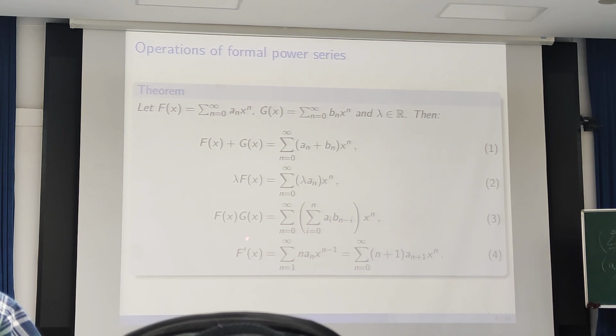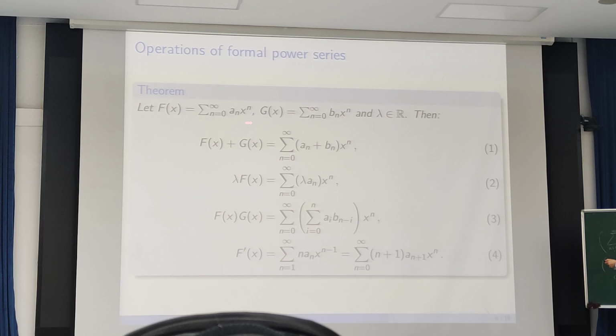Okay. So if f is the generating function for the sequence an here, then we can take the derivative of f, okay? You take the derivative of f, then you obtain the sum where each term is the derivative of the corresponding term. For example, the general term here is an x to the power n.